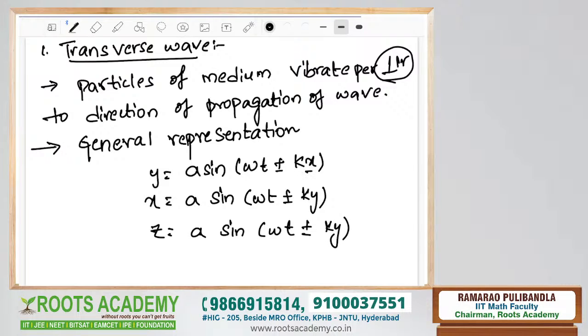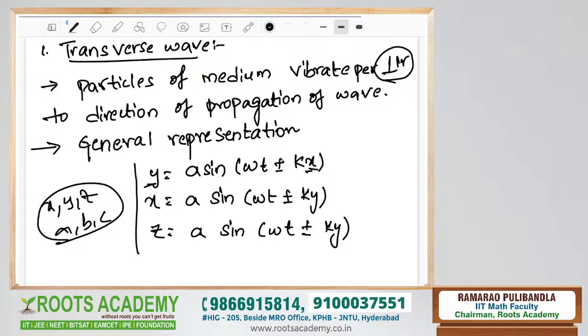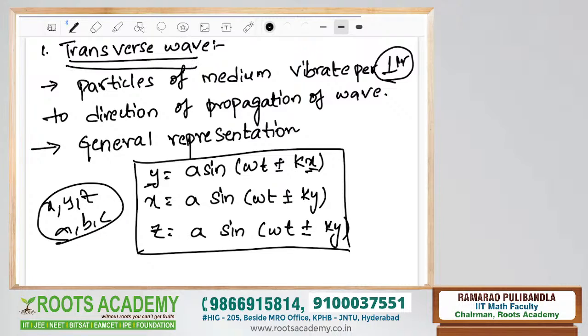These variables could be x and y. We can alternate this with x, y, z, or that could be a, b, c. So the general representation of the transverse wave is y equals a sine omega t plus or minus kx, or x equals a sine omega t plus or minus ky, or z equals a sine omega t plus or minus ky. So this is a transverse wave.